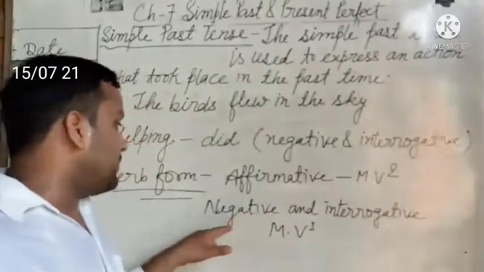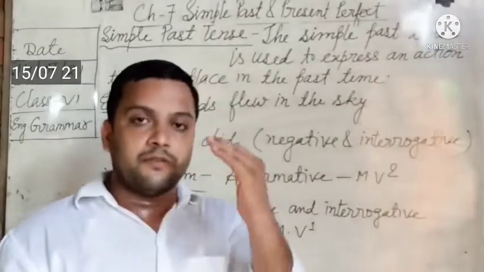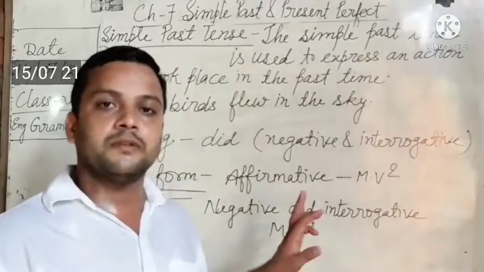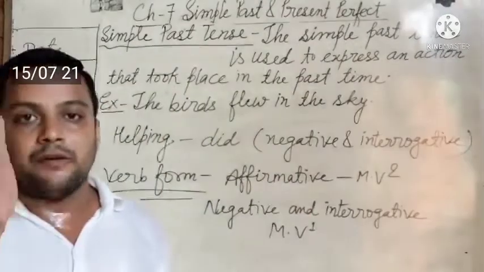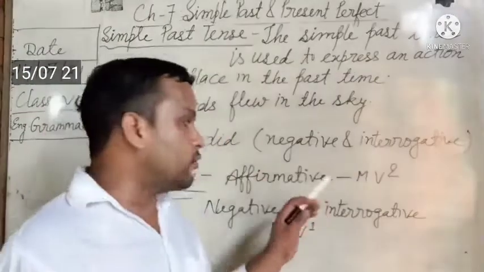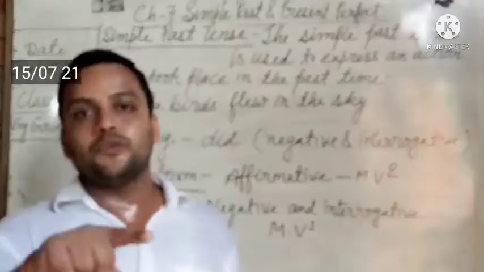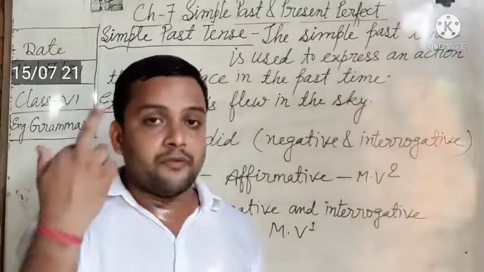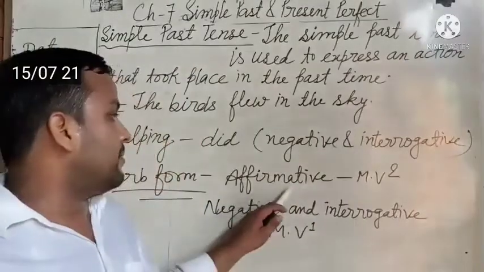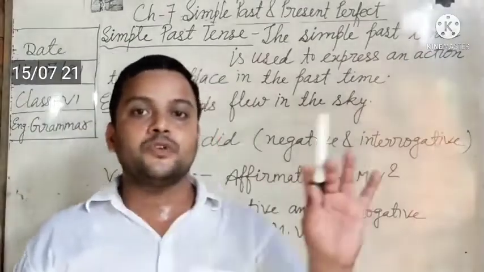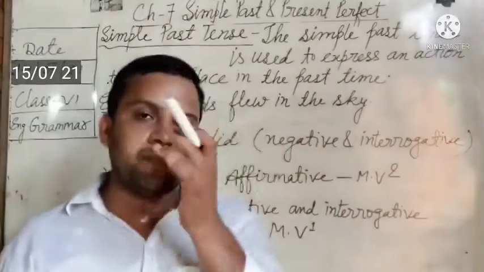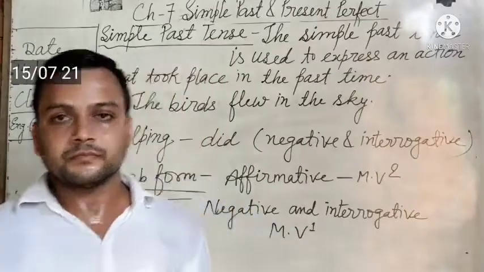And when the sentence is negative or interrogative, then we use did, and at that time we use main verb first form. Okay?